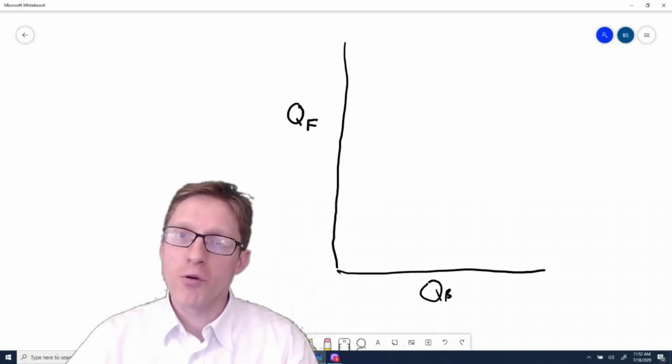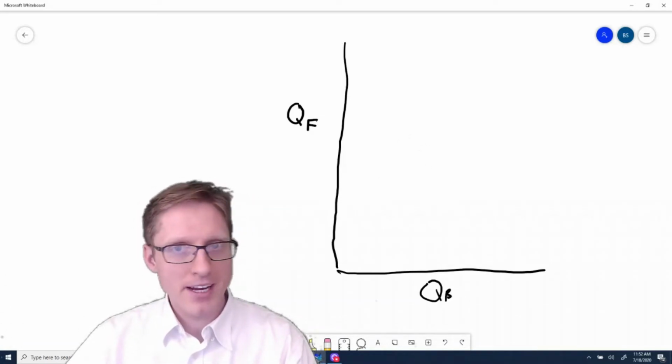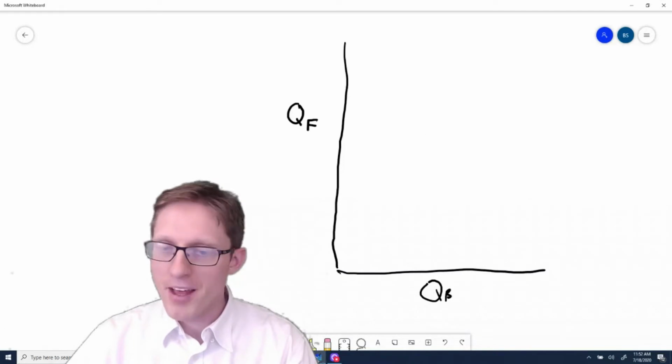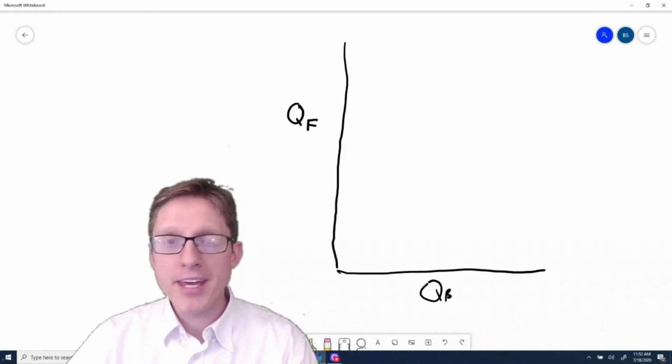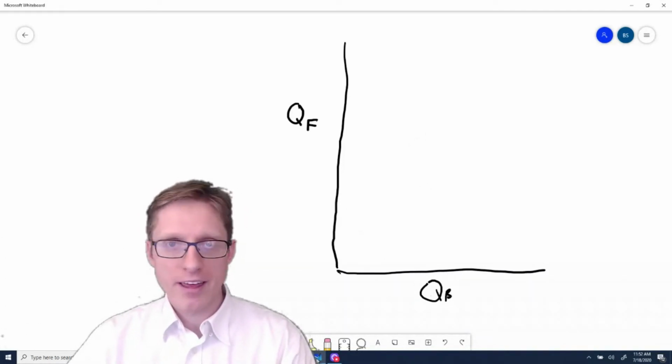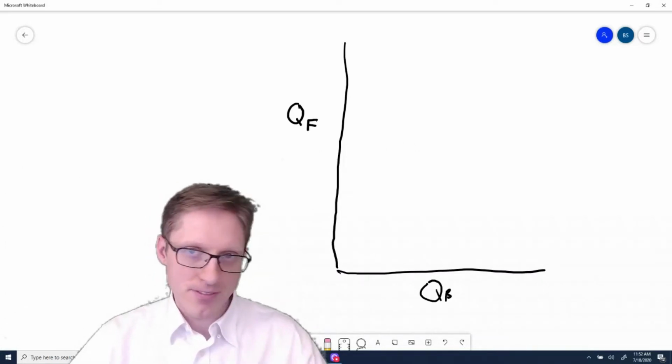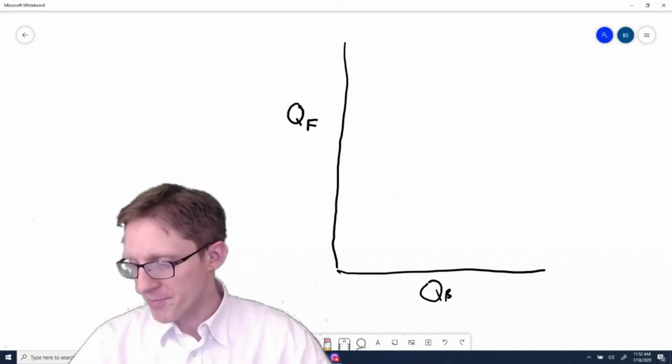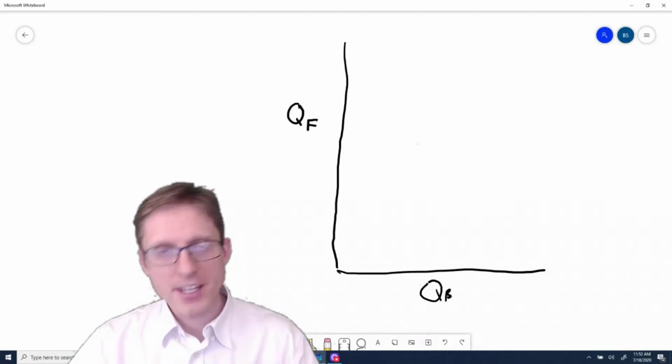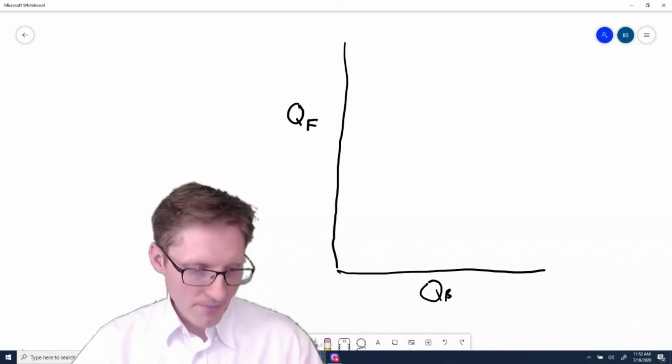F is going to stand for fried Mars bars. You may not know what that is, but if you don't, you could look it up. And B is going to be for Bismol in Pepto-Bismol, a medicine you take to make your stomach feel better. Together, they go very well.